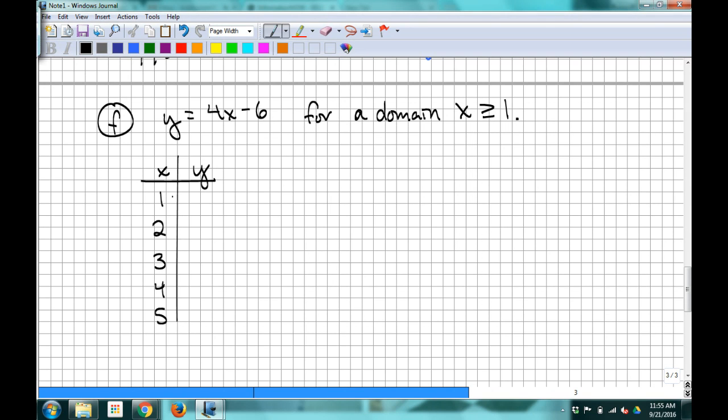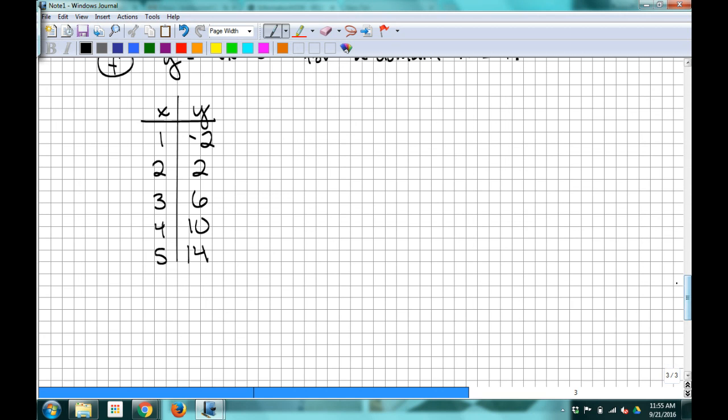Plug those in. 4 minus 6 would be negative 2. 8 minus 6 would be positive 2. 12 minus 6, 6. 16 minus 6, 10. 20 minus 6, 14. All right. And then we can graph that. I'm going to have plenty of room in the positive direction and a little bit of room in the negative direction with the y.